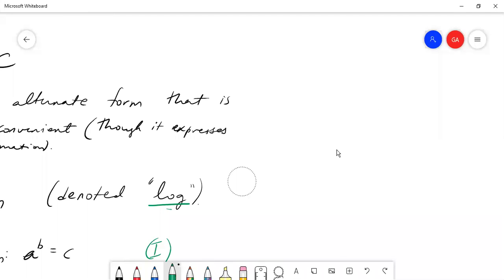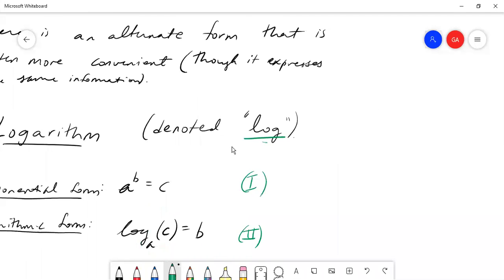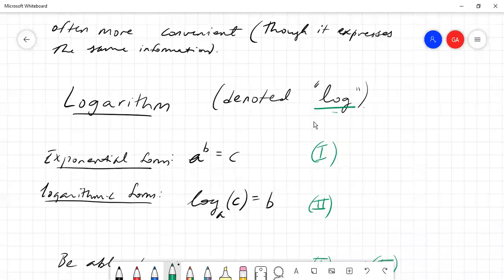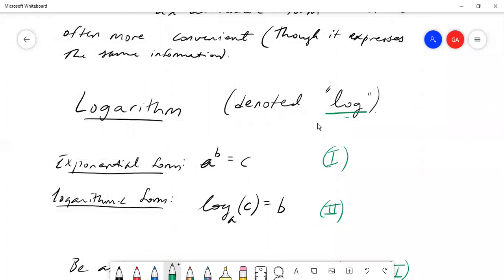And specifically, the logarithm is defined in terms of the exponential. So for the exponential a to the b equals c, the equivalent logarithmic form takes the base, okay, so now colors are going to be very useful here. It takes the base a, and it puts that down here.